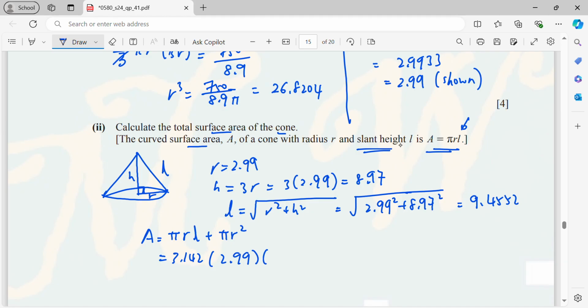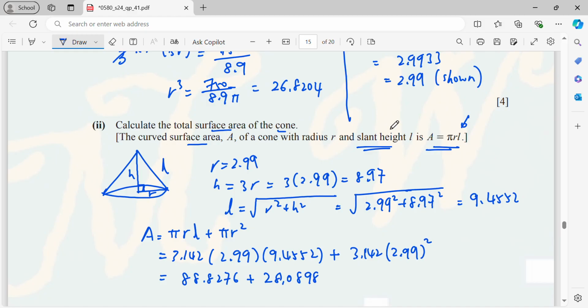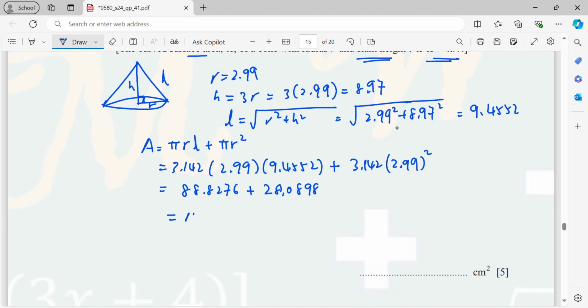Then the L, 9.4552. Then plus 3.142. The R is 2.99. Then you square it. So at last, you are getting 88.8276 plus 28.0898. And then this is going to be 116.9174. And round up to 3 significant figures, that is 117. So that is your surface area of the cone.